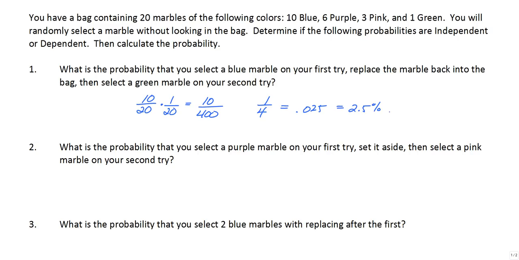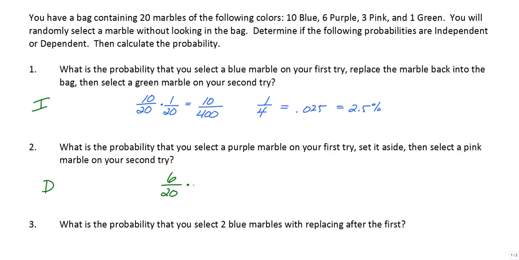But they're independent. The next example says, what's the probability that you select a purple marble on your first try, then set it aside, and then you select a pink marble on your second try? So this is dependent, okay? This first one was independent, this one is dependent. And here's why. The first try, you have 6 out of 20 marbles.